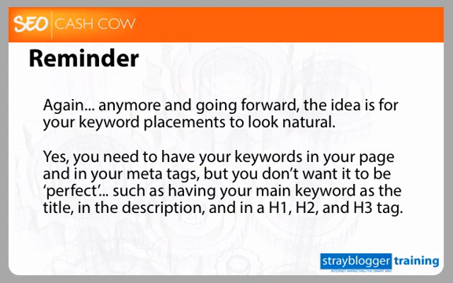That's not the best way to do things anymore. Make things sound natural. Use close variations of your main keyword phrase throughout the article and in these different heading tags, and that's the best way to go.